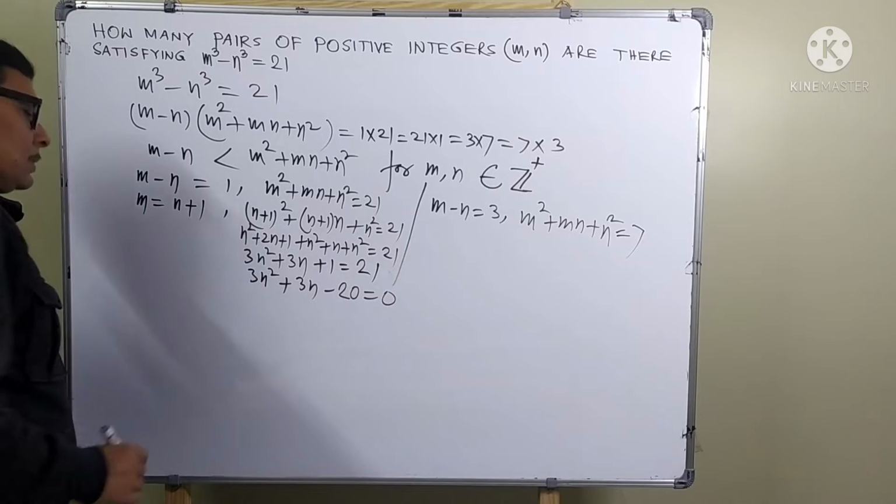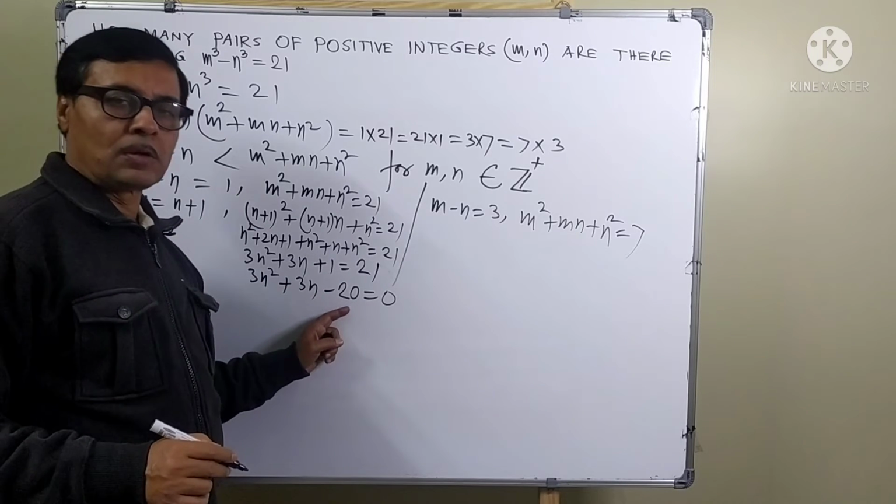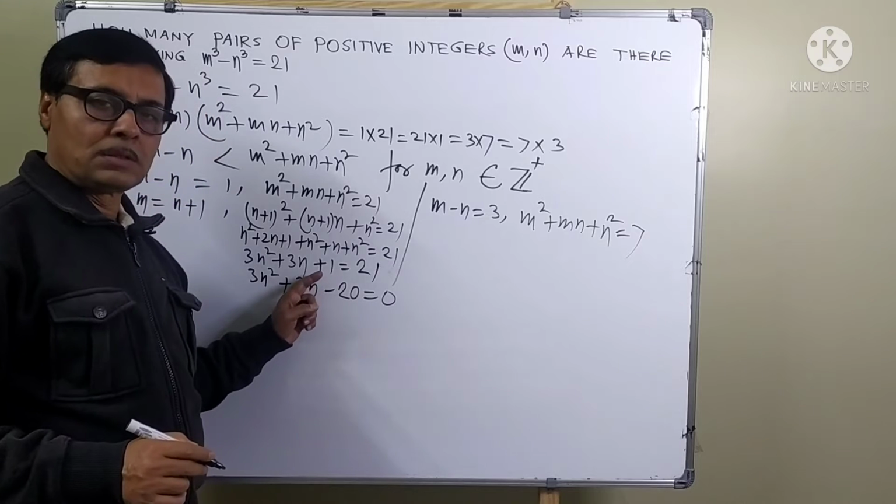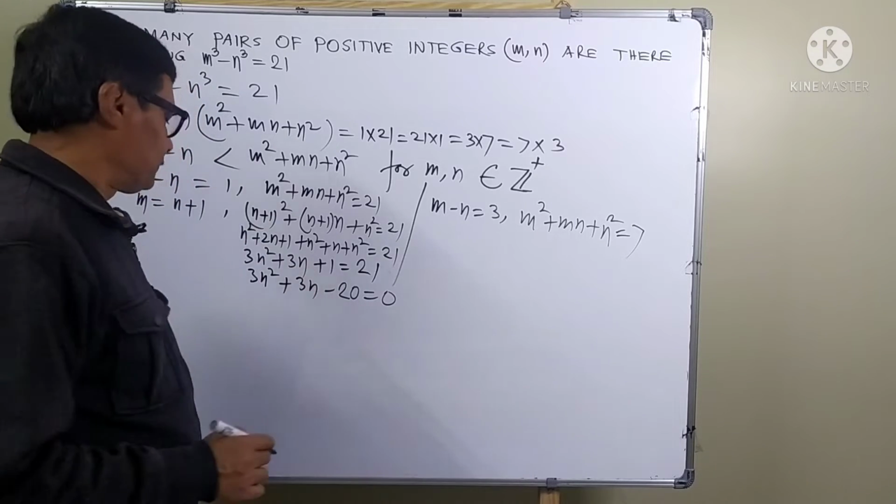Also we can use Sridharacharya's rule for the solution of this equation. This is a quadratic equation in n.